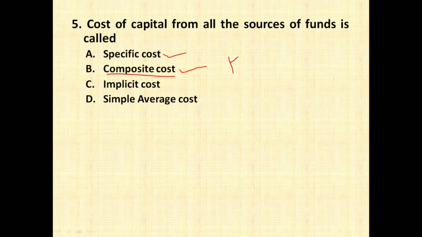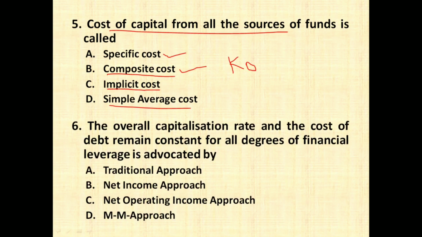Now what is this KO? KO stands for overall cost of capital or composite cost of capital. Implicit cost is nothing but opportunity cost, and simple average cost is nothing but average of all the costs. So now when I say cost of capital from all sources, you have to remember that composite cost is the right answer.